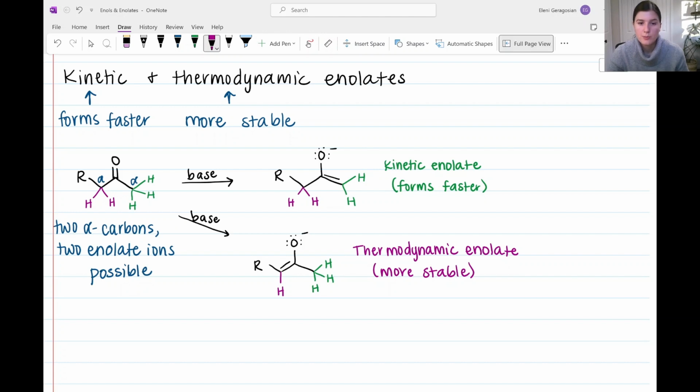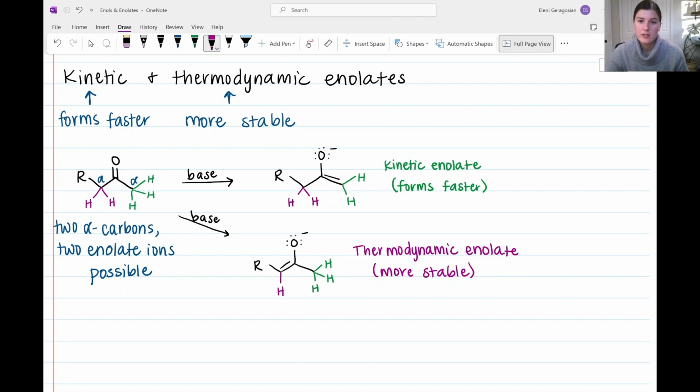So the difference between these 2 enolates is, of course, which hydrogen is removed and the location of the double bond. The first one, the kinetic enolate that we drew, forms faster because there are 3 available hydrogens to be removed, as opposed to the thermodynamic enolate, where we're removing a hydrogen in a spot where there are only 2 hydrogens.